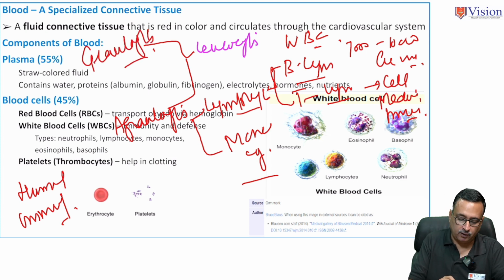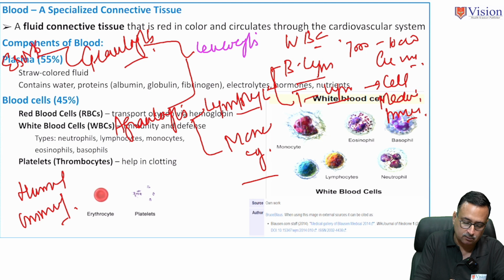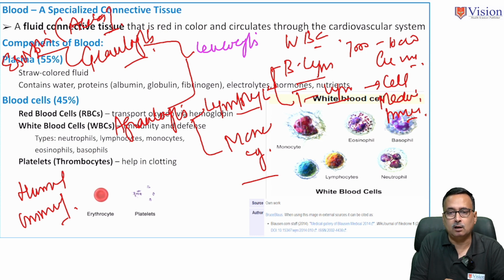Depending on structure and function, granulocytes are of three types. First category is eosinophils or acidophils. These respond to allergy conditions. Second category, basophils.